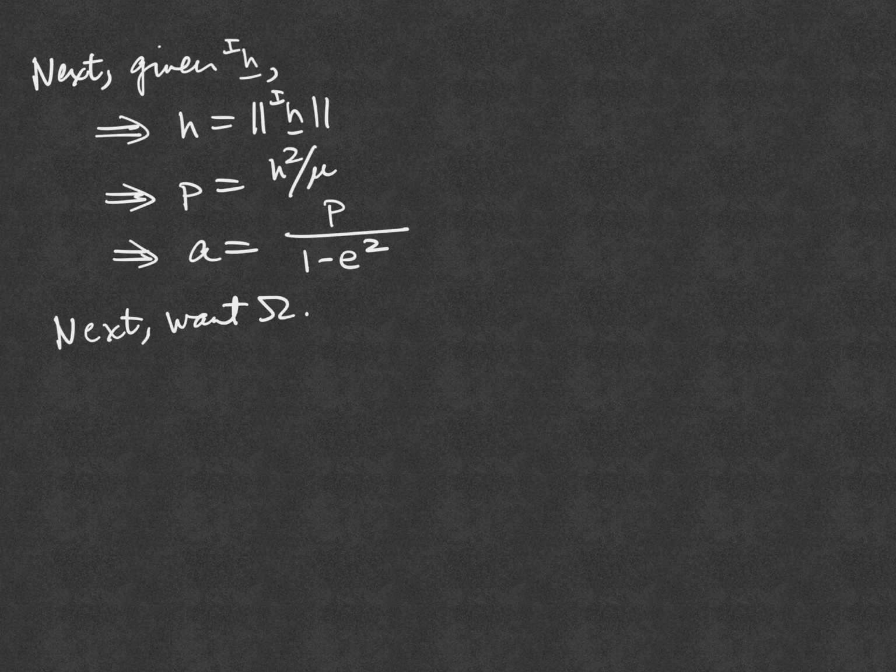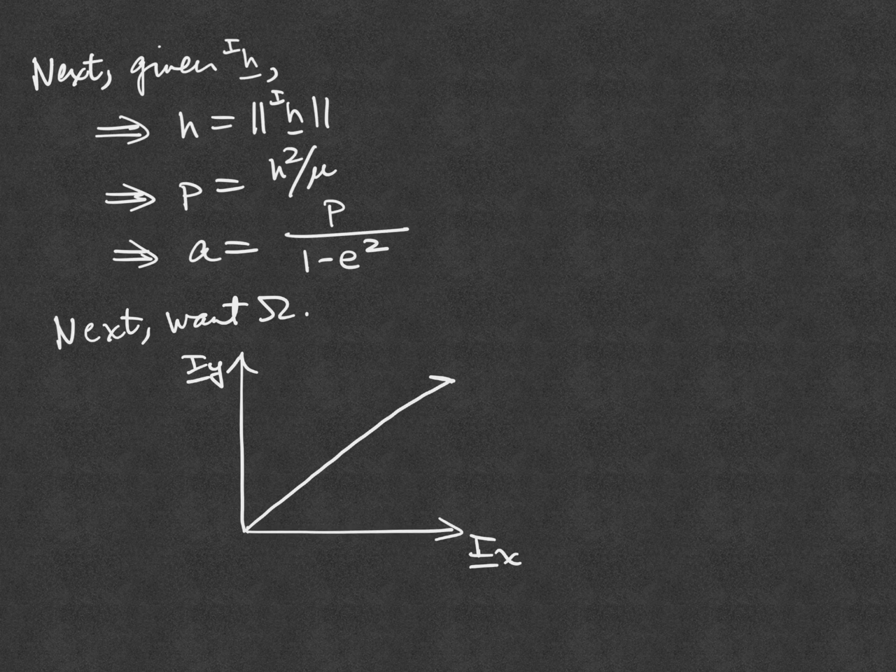If we look at the diagram, this direction is Ix, this direction is Iy, and this direction, when I'm done computing Iz crossed with h, that's n, and this direction, the unit vector along that, is nx, and this angle here is omega.